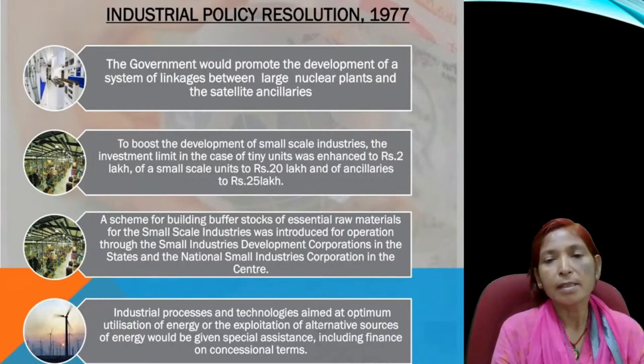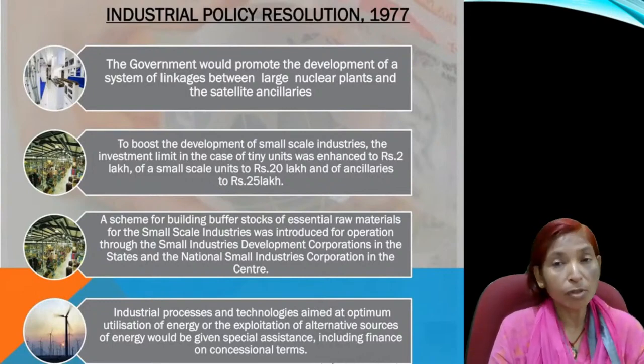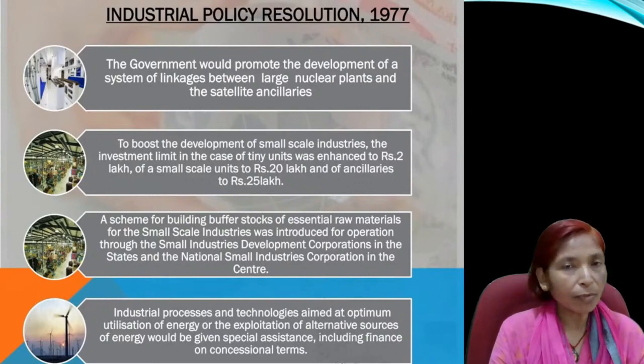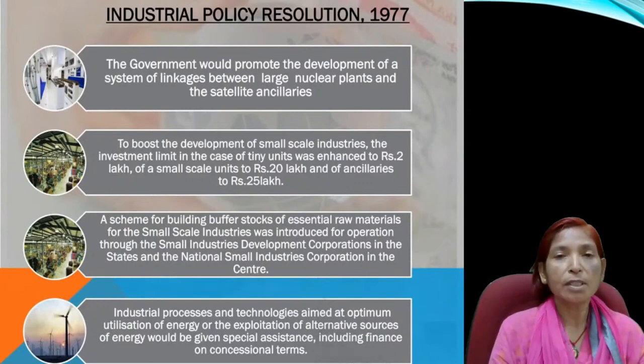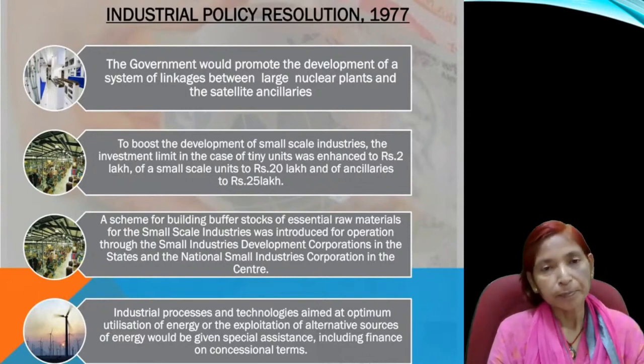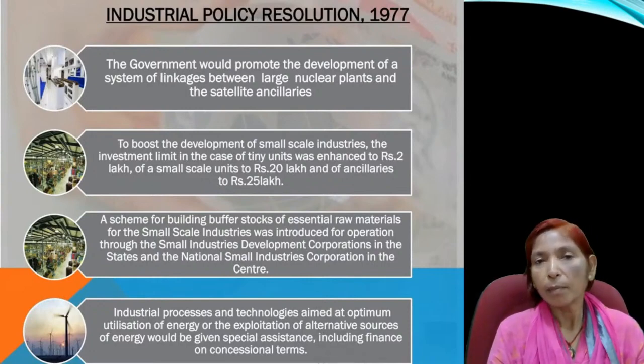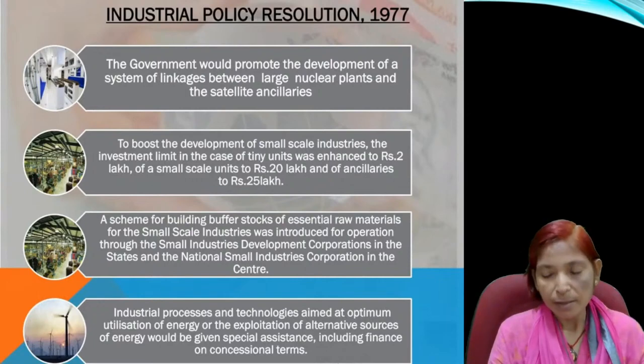All these things mainly focus on small scale and tiny industries, because we know that small scale and cottage industries are very necessary for the Indian economy, because they provide more employment opportunities to the country's people. They generate employment because they use less capital and more labor intensive technologies.